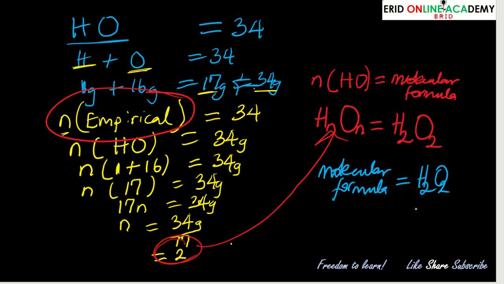The molecular formula tells you the actual number of each atom present in a compound or molecule, while the empirical formula just tells you the ratio in which they are present. I think this is interesting. Let's take one more example.